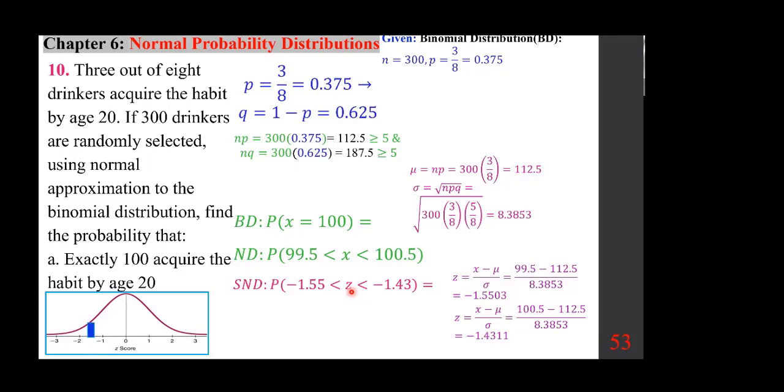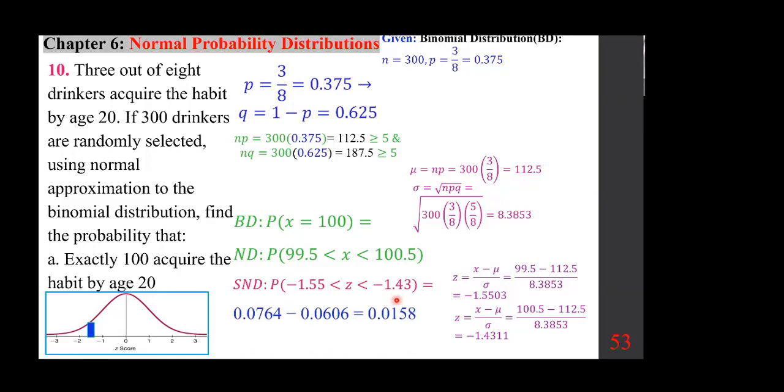Now, as far as the z-score is concerned, it's between negative 1.55 and negative 1.43. As far as normal distribution is concerned, these two numbers that you have at the endpoints for this rectangular strip of blue would be 99.5 and 100.5, which correspond to those values.